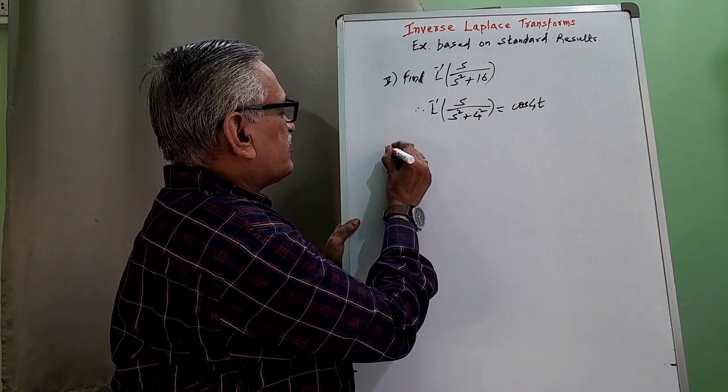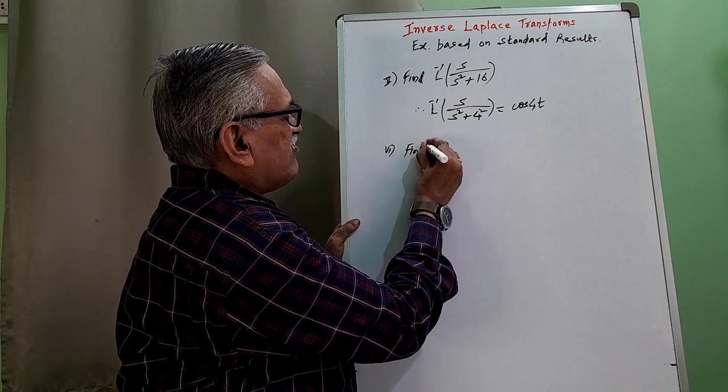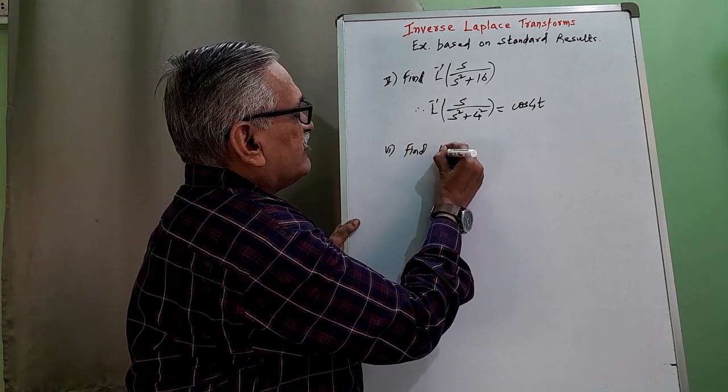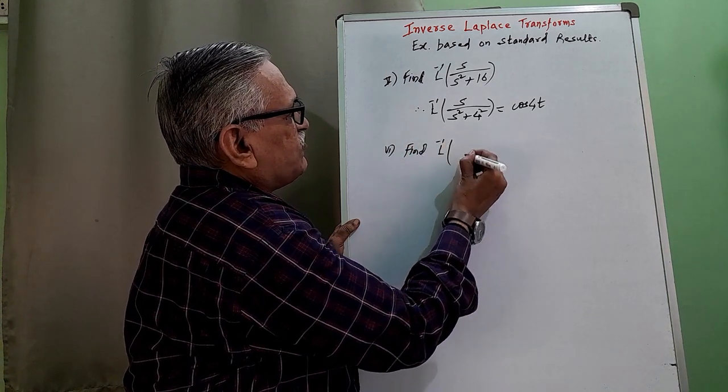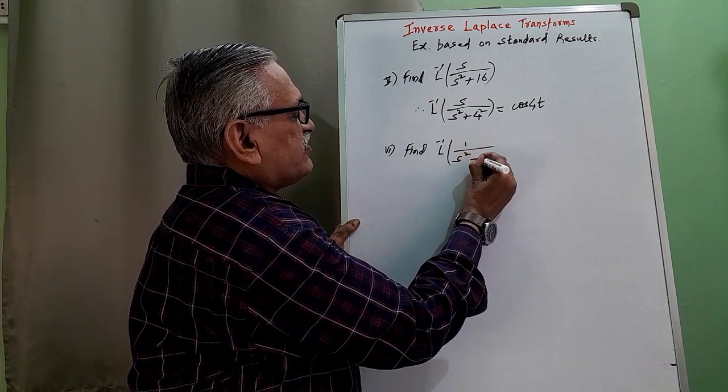Then sixth, find inverse Laplace of 1 upon s square minus 9.